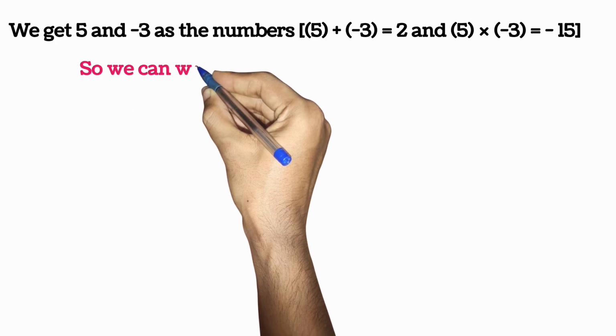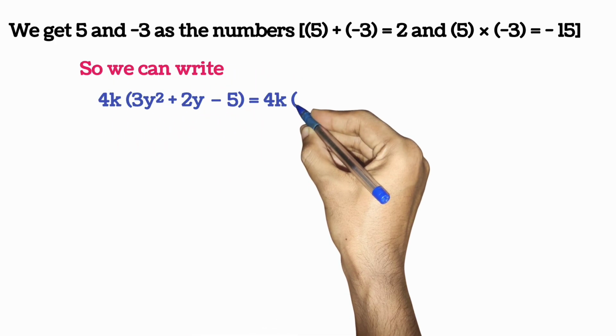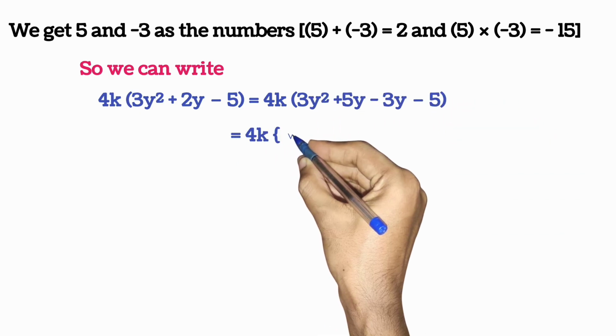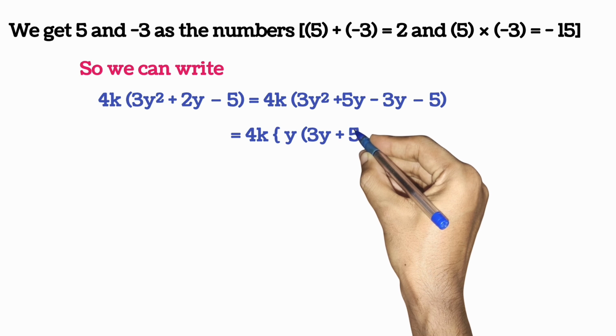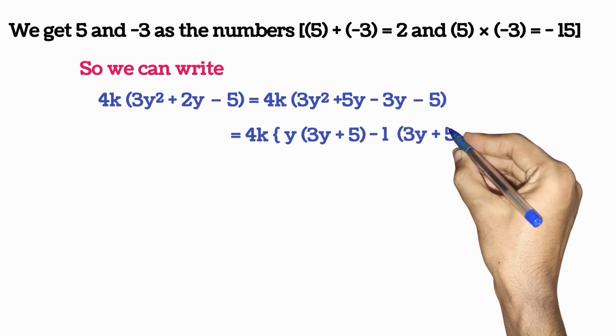So we can write 4k into 3y square plus 2y minus 5 equals 4k into 3y square plus 5y minus 3y minus 5. Now taking y as a common, we get 3y plus 5, and taking minus 1 as a common, we get 3y plus 5.